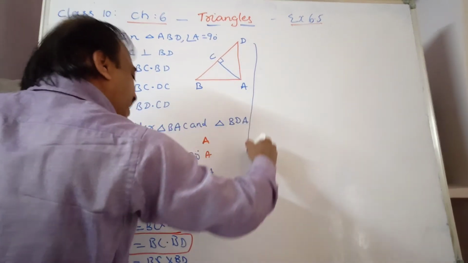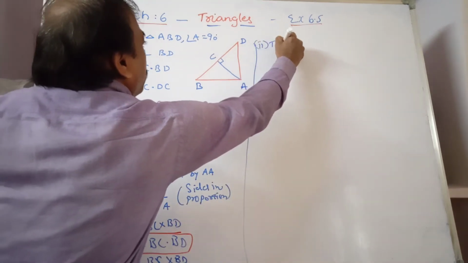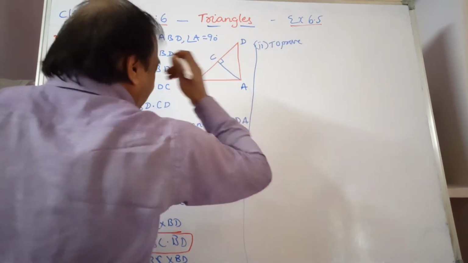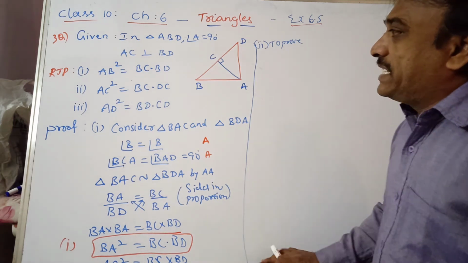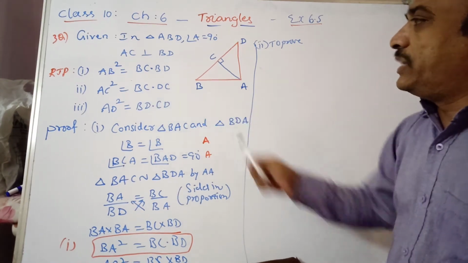To prove the second one, we are now considering another two triangles. What are those two triangles? You have to prove that AC square is equal to BC into DC.